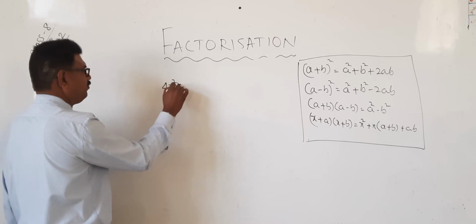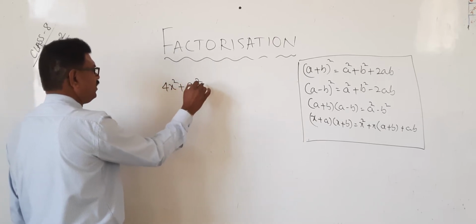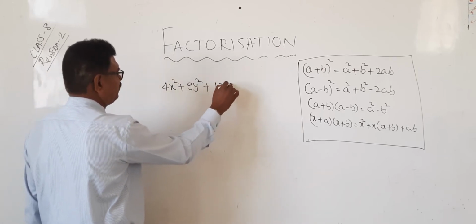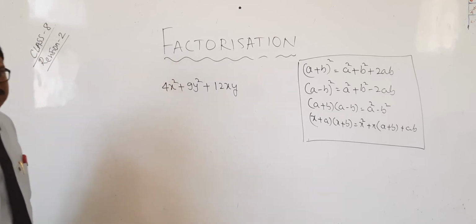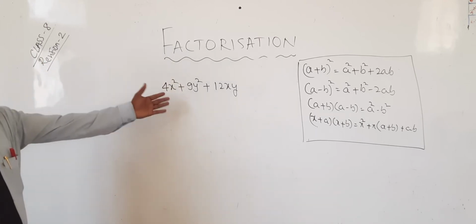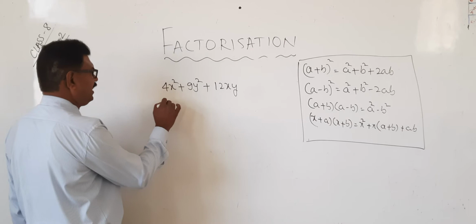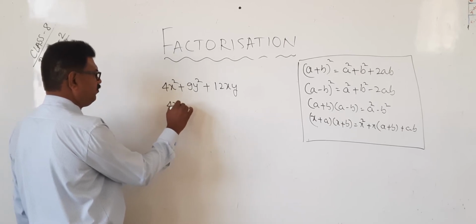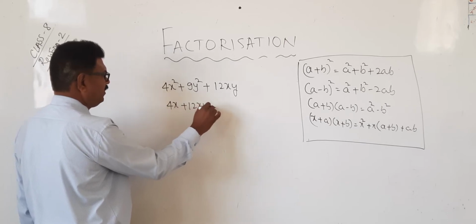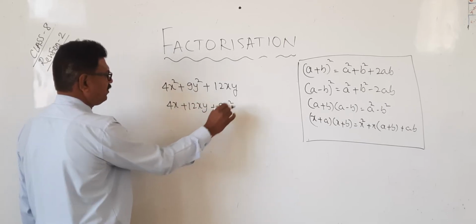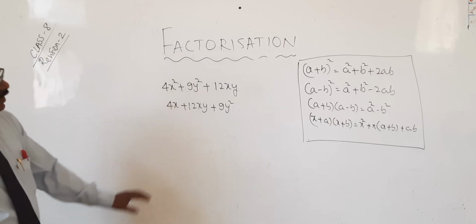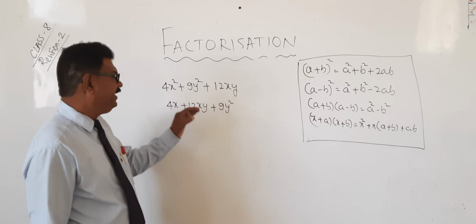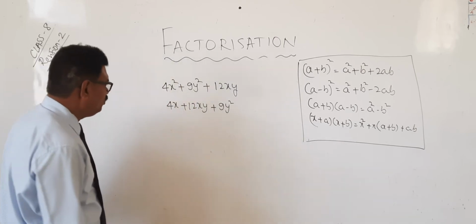You can write like this: 4x square plus 12xy plus 9y square. You can write like this, or you can write like this also, there is no problem. If it is given as a 1 mark question, it is very easy to write in only one step. How?